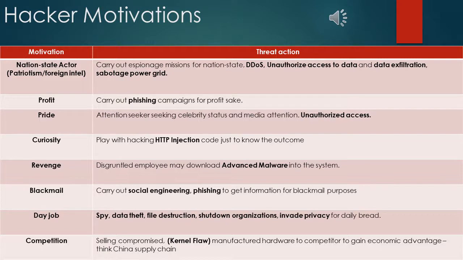He will gain access in an unauthorized manner to data and perform data exfiltration. He will sabotage critical infrastructure such as power grids and so on. The profiteer will carry out phishing campaigns to make profit.